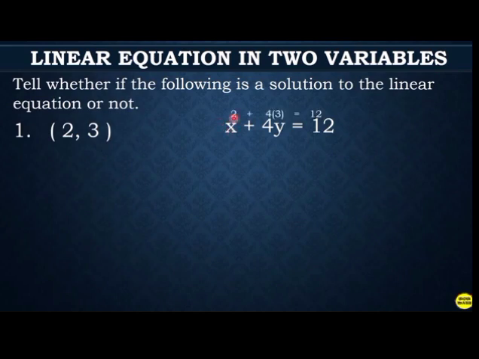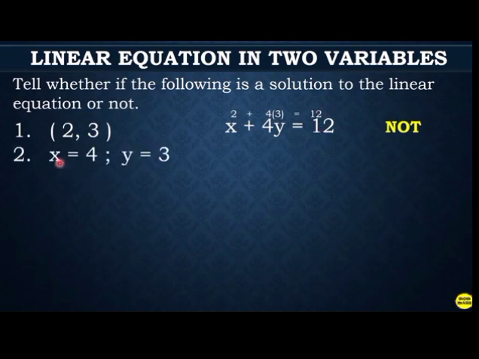Let's substitute the value of x, which is 2, and y is 3. So 4 times 3 is 12, plus 2, 14. So 14 is not equal to 12, so it is not a solution.